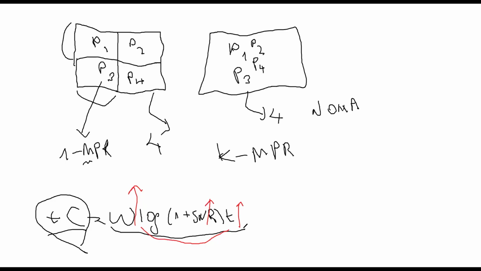If we increase W or T, we're increasing linearly. And basically, if we enable KMPR, we assume that we increase it linearly. This means we are increasing W or T linearly. And subsequently, we can say that twice the amount of bandwidth is needed for 2 MPR compared to what you would need in 1 MPR.